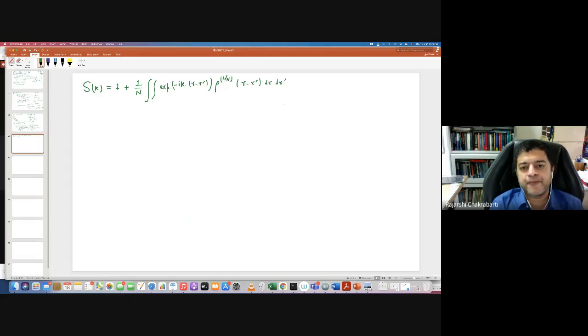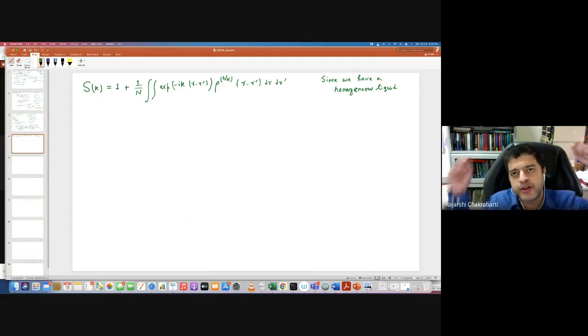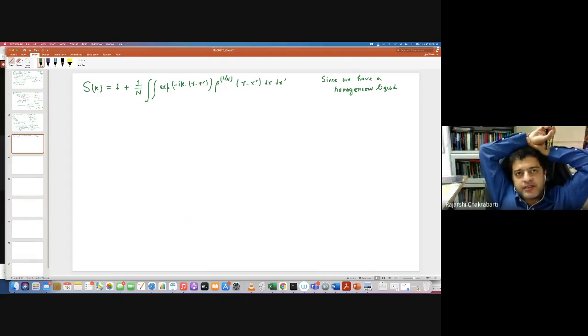Any idea? Since we have a homogeneous liquid, it should not depend on Ri and Rj. It rather depends on the separation between Ri and Rj. You understand? It's a homogeneous fluid.